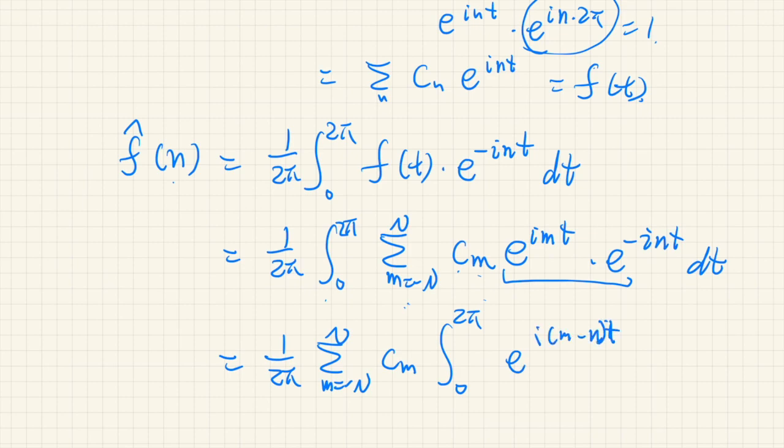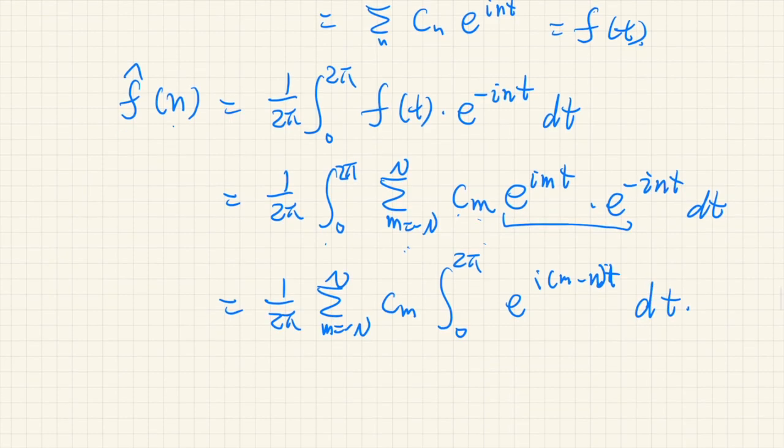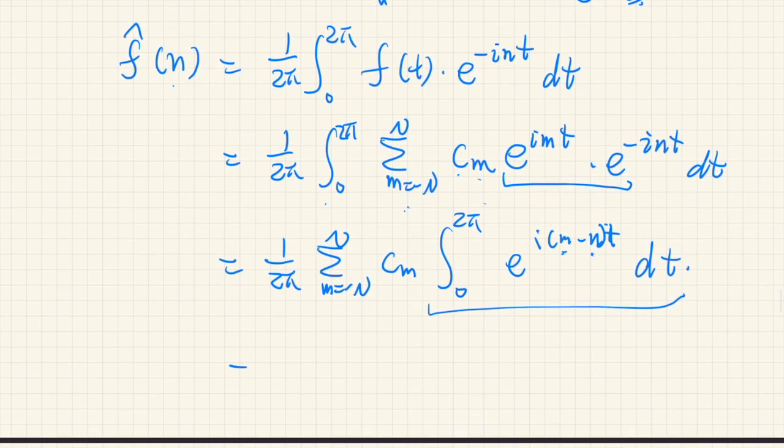e to the i (m minus n) t dt. And we know that this integral is equal to 0 if m is not equal to n, or it is equal to 2 pi if m and n are equal. So this becomes the sum over m from negative N to positive N, c_m times Kronecker delta m n.